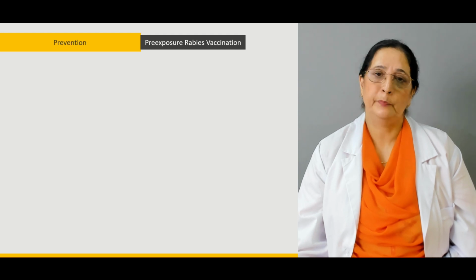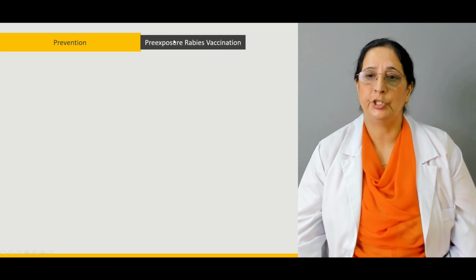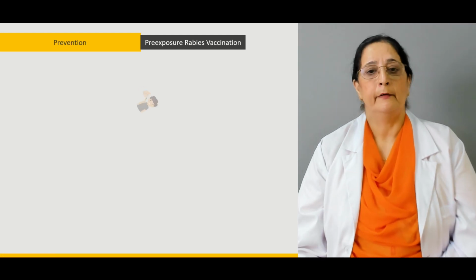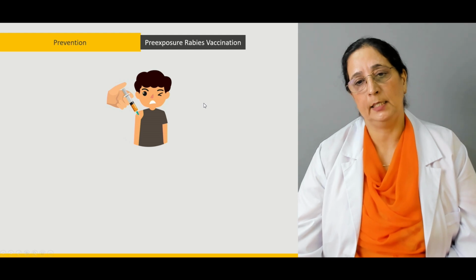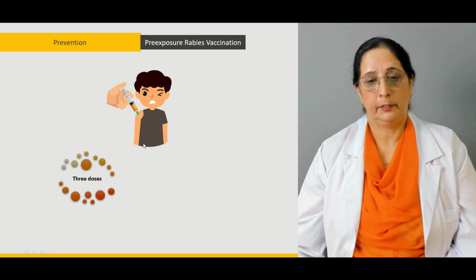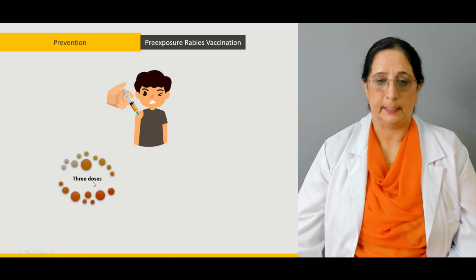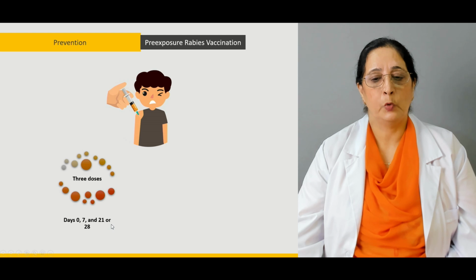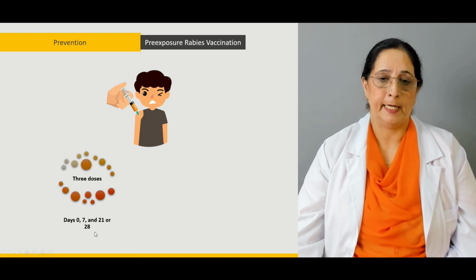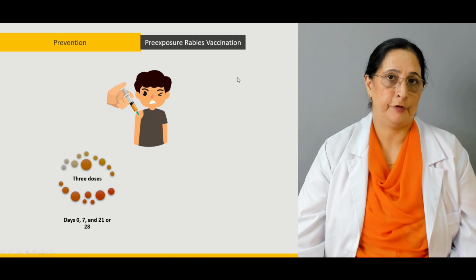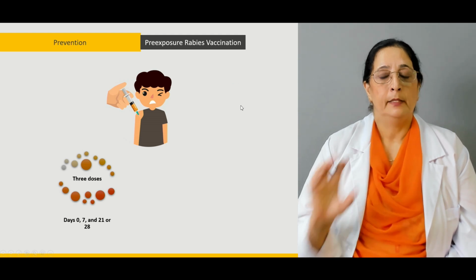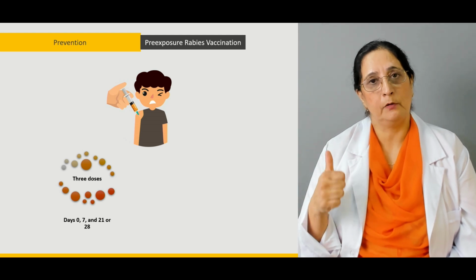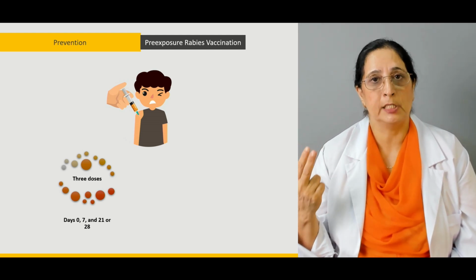Next, we have pre-exposure rabies vaccination. That's also important before exposure to rabies. First, we have 3 doses of vaccine, on day 0, 7, and 21 or 28. This is the pre-exposure rabies vaccine. Make sure that for the post-exposure rabies vaccine, we have 4 doses, at 0, 3, 7 and 14.